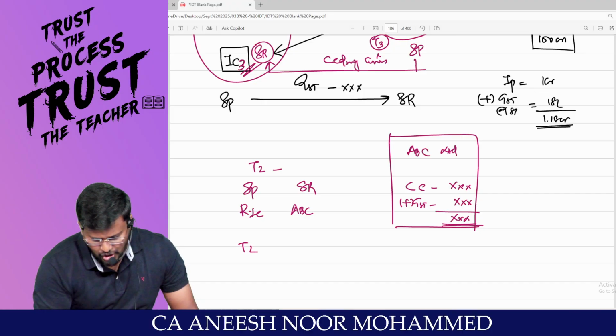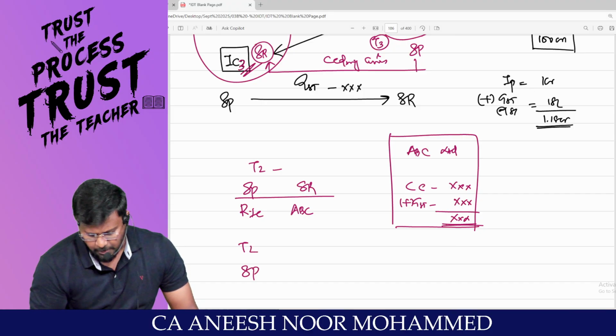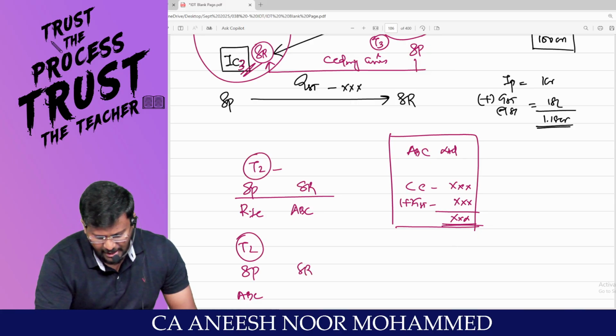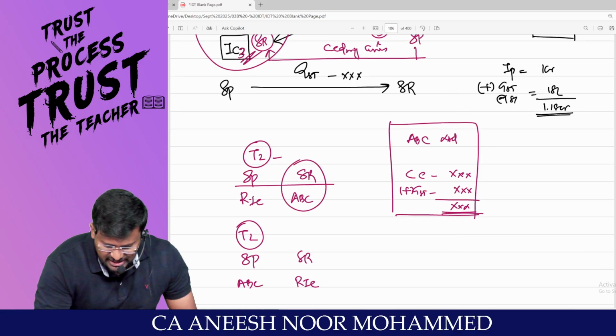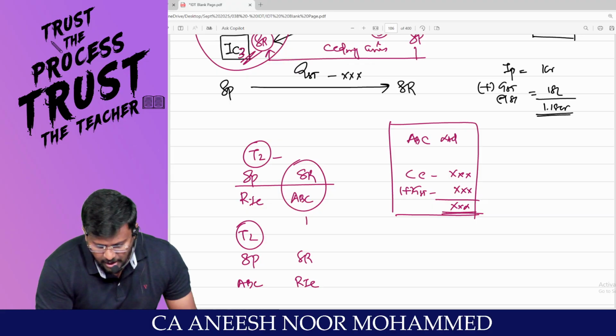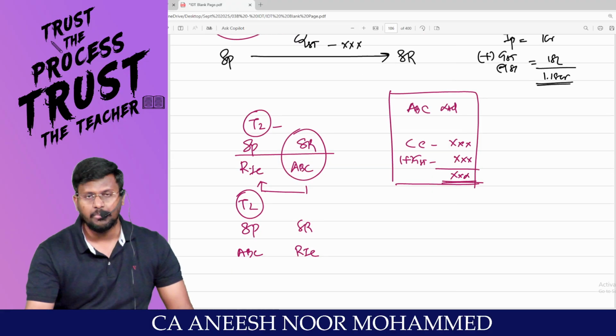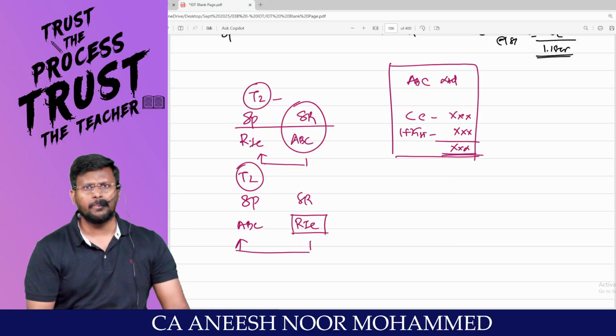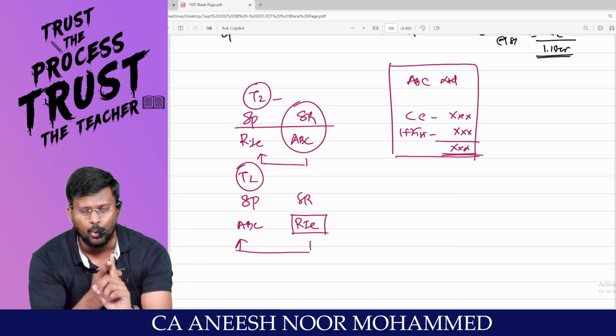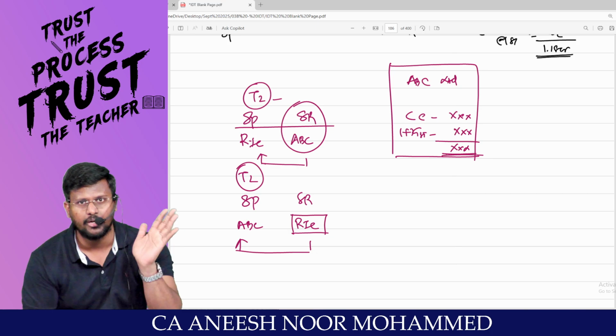Since the reinsurance company is a service provider, ABC Limited has to pay consideration to the reinsurance company. Since the reinsurance company is a service recipient in transaction 3, it has to pay consideration to ABC. That means it's like cross-holding in our amalgamation and consolidation.